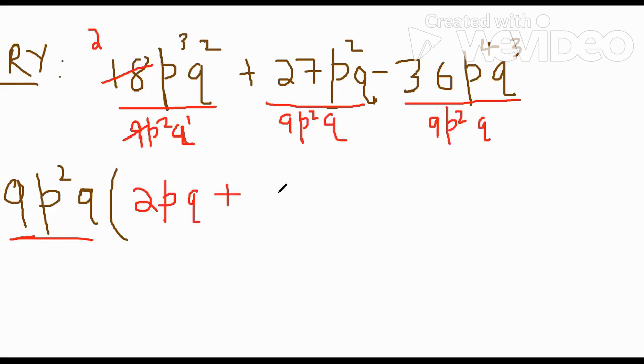Continue. So after that, I have 9. Cancel 9 from 27 gives us 3. P squared from P squared gives us none, and Q from Q gives 0. So only 3. You have to be careful when it says 0, you know. Actually it's 1.